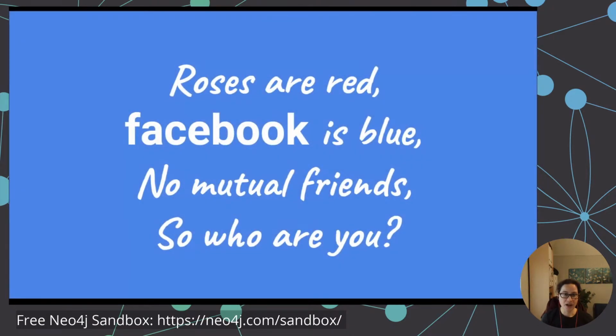Next one. So if you think about Facebook, if you think about LinkedIn, and when it pops up and goes, hey, you might know this person. The reason that happens is we can start to infer connections based on the existing connections that we have.